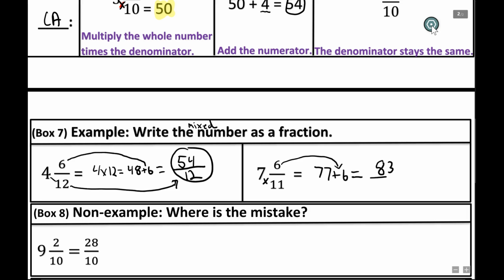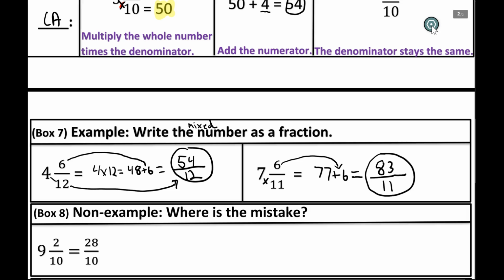And then step 3 is the denominator stays the same. So I do get 83 elevenths. So that's all we're doing today. And you can tell it's pretty simple, pretty straightforward as long as you follow the steps in the correct order.